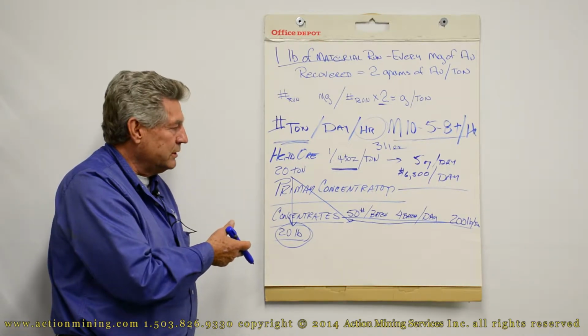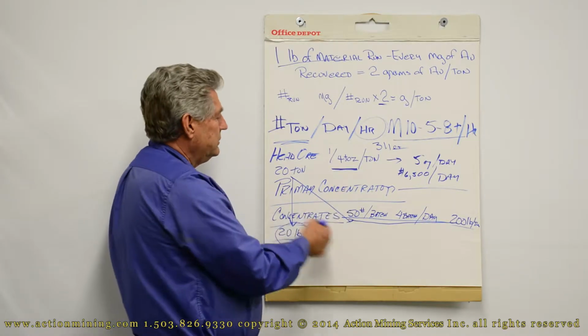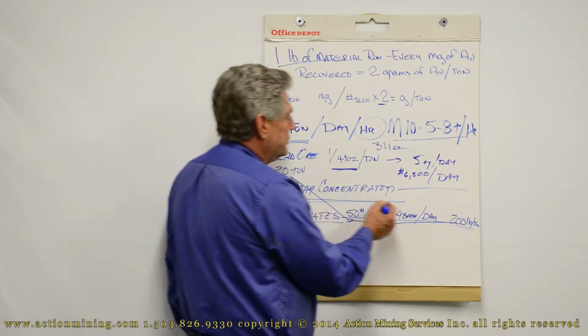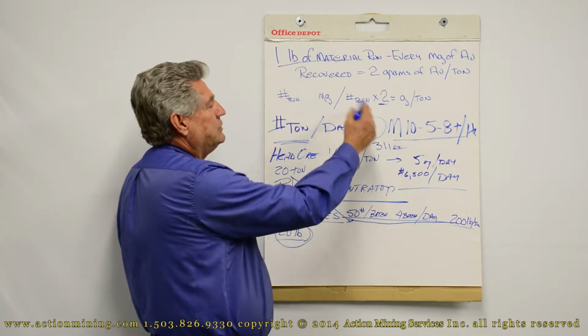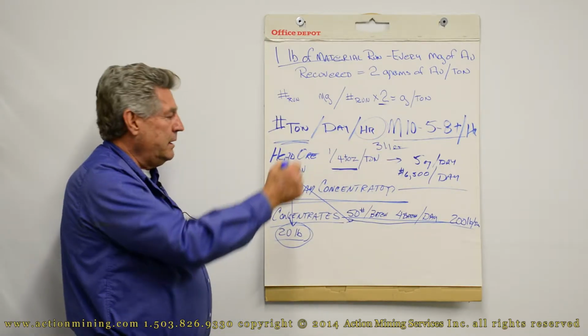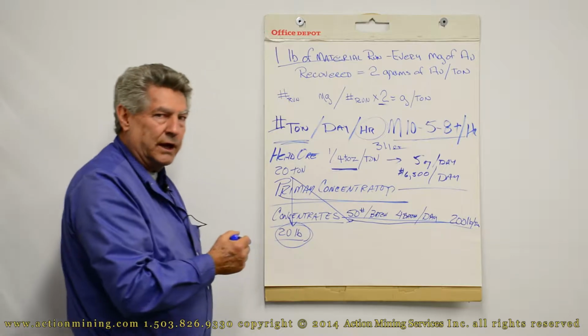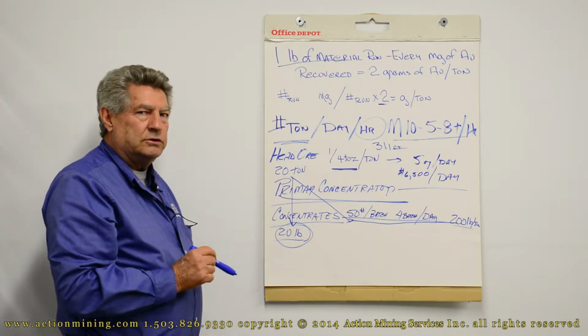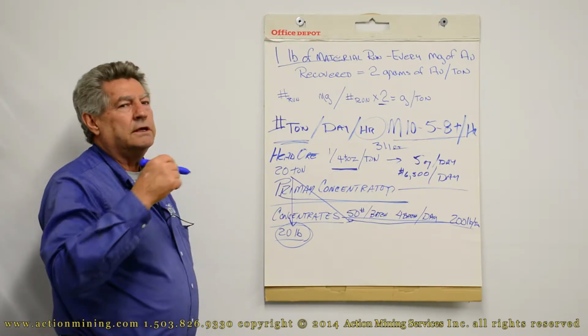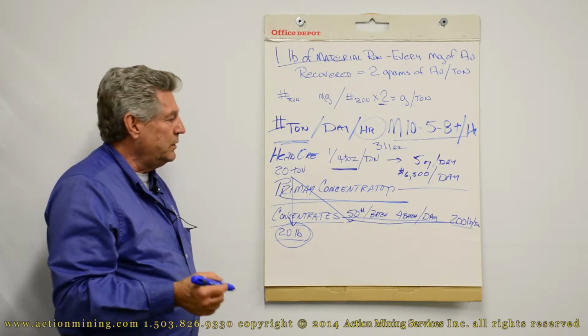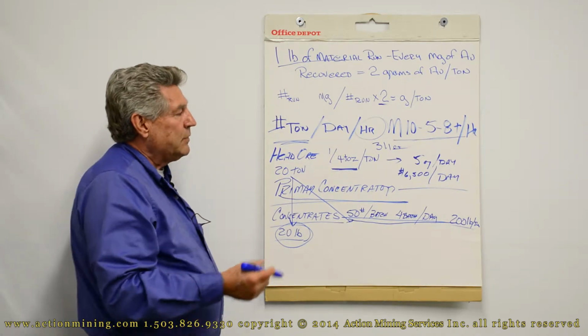This is what we need to look at. So these are the 2 questions you have. Your first one is, how much do you want to run in a day? And how much can you handle in concentrates a day? Once you know those 2 figures, then it's easy to tell what to do with the equipment.